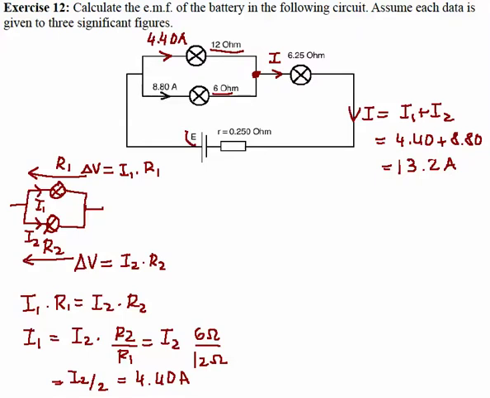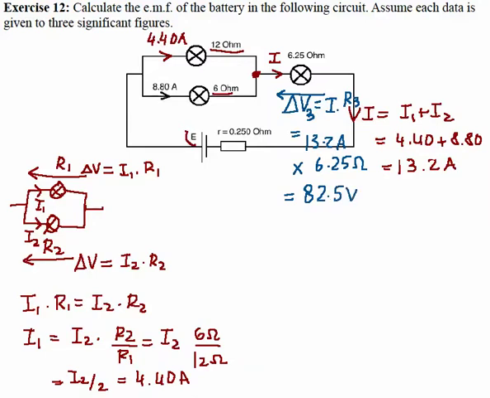Now what else can I calculate? I can calculate the voltage across this light bulb. I can call it delta V3, which is going to be equal to I times R3. So this will be 13.2 amps times 6.25 ohms, which will be equal to 82.5 volts.